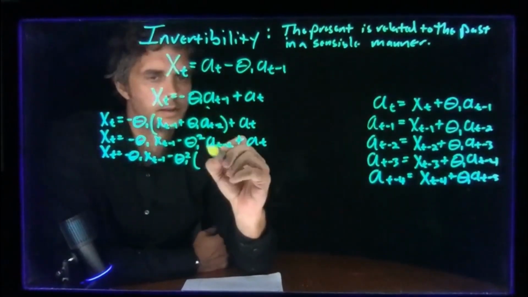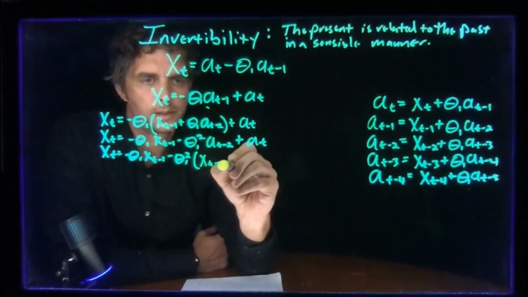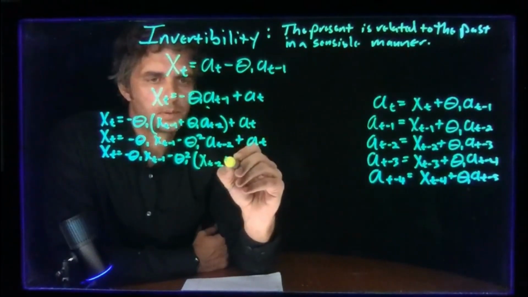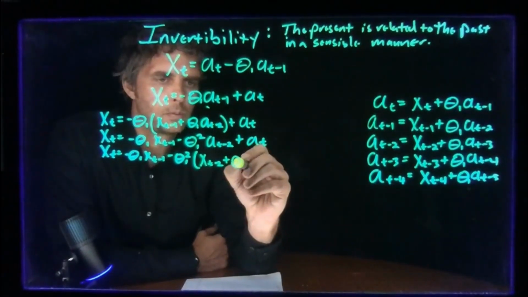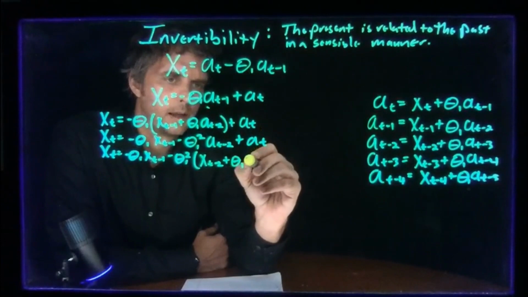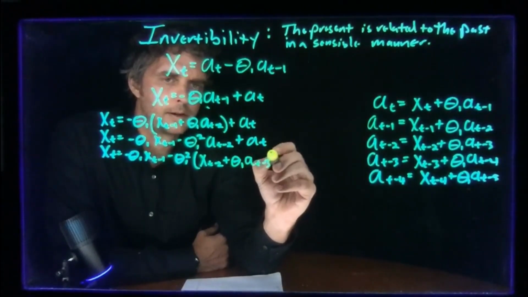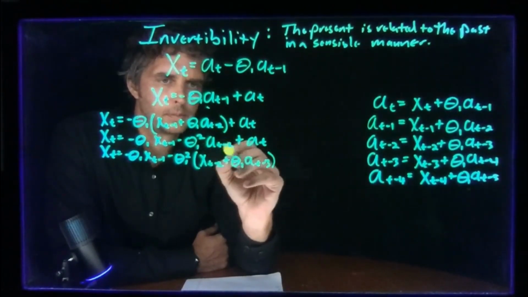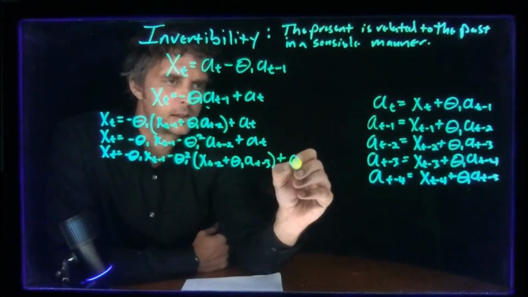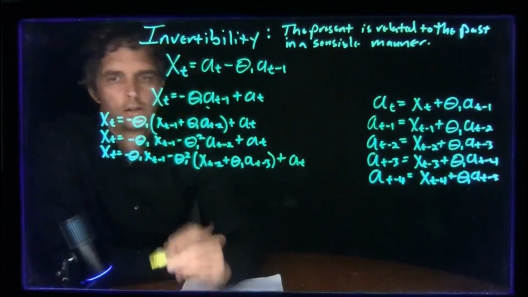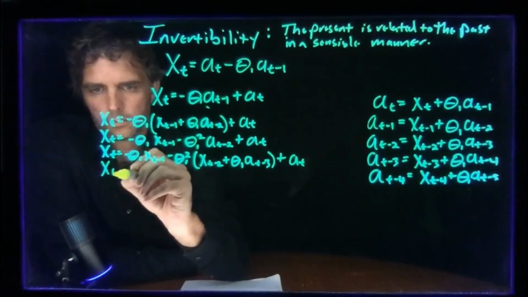Put it right in there. That's XT minus 2 plus theta 1 AT minus 3, right? That just plugged in there, plus AT. Great. So let's keep rolling.